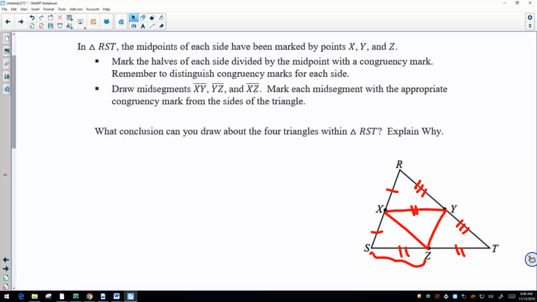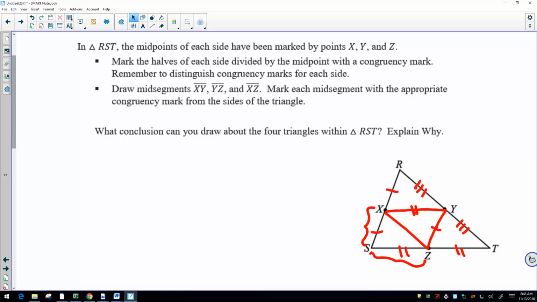So I could mark this with 2 congruent markings. Similarly, if I look at YZ, I see YZ is a mid-segment and should be half the length of RS. Well, RS, half the length, that's going to show me as XS, so I could mark that with 1.